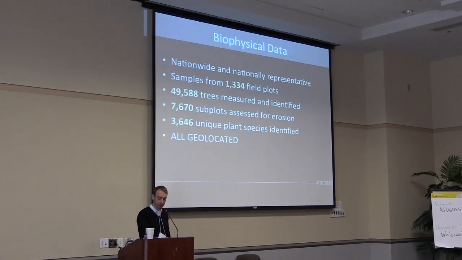For our biophysical data, which is designed to be nationwide and nationally representative, we have visited so far over 1,000 field plots. Almost 50,000 trees have been measured and identified. We visited subplots and assessed for erosion and soil quality, and we've identified several thousand unique plant species.